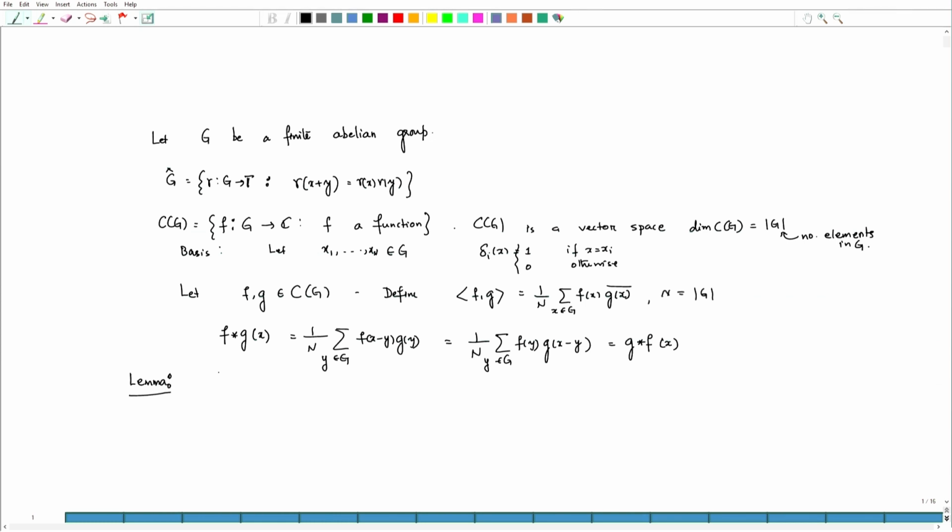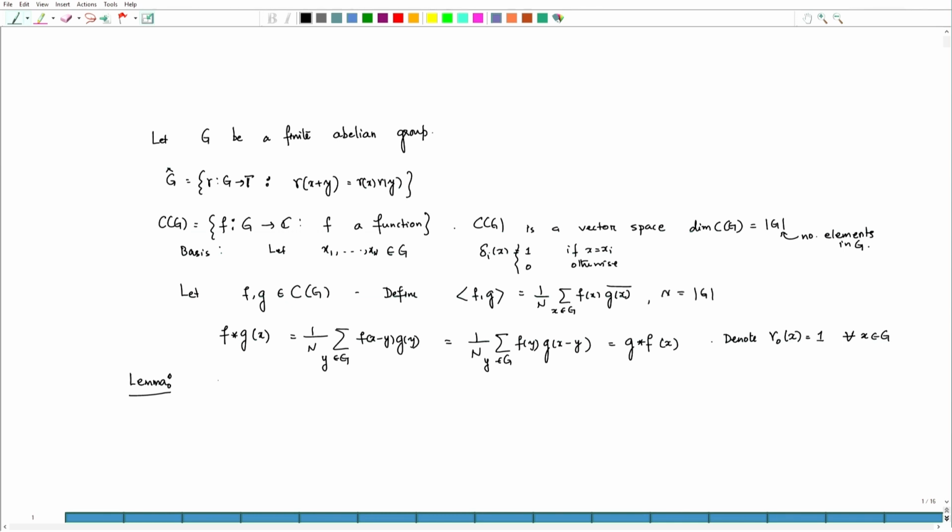Throughout this we will denote by gamma 0 the trivial character. That means gamma 0 is a function from G to C, which is defined as 1. We will call it the trivial character; gamma 0 is always identically equal to 1.